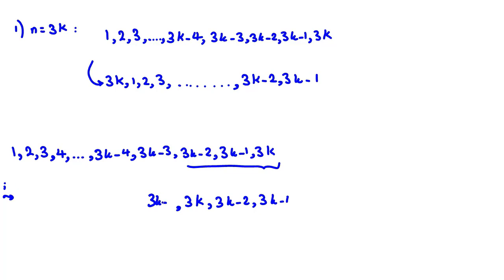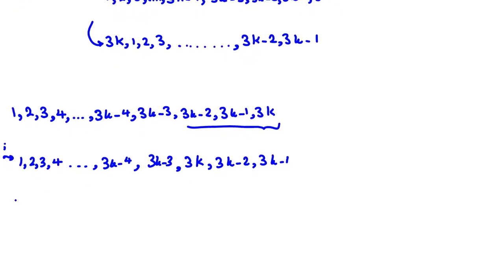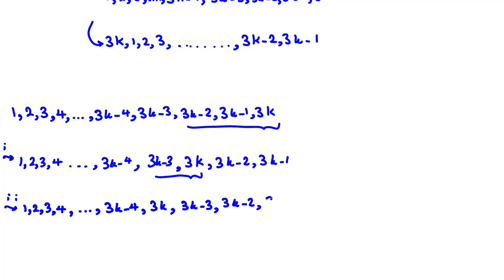And 3k minus 3, 3k minus 4, and 1, 2, 3, 4. Okay, now from this part we can use the second rule to apply this one. So it will be 1, 2, 3, 4, 2, 3k minus 4, 3k, 3k minus 3, 3k minus 2, 3k minus 1.